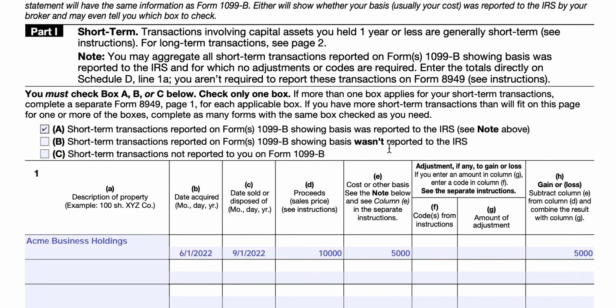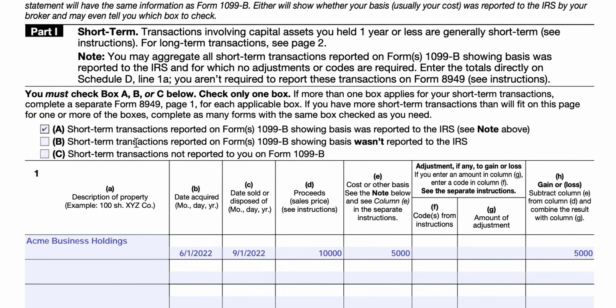And then box C would be short-term transactions that were not reported to you at all on a 1099-B. So these are different types of transactions because the box B transactions, you may have to have records that show the basis, or you might have to construct it on your own because the basis was not reported on the 1099-B.